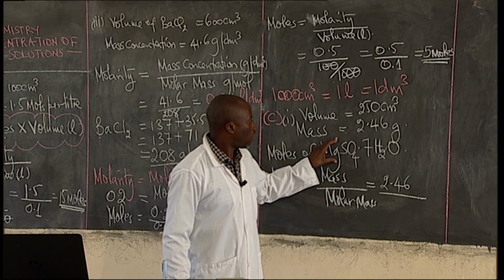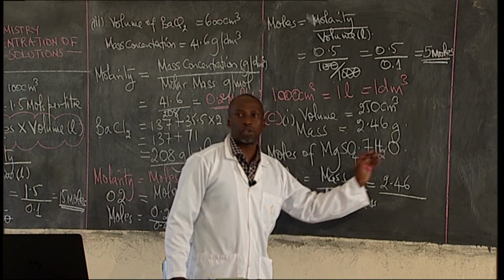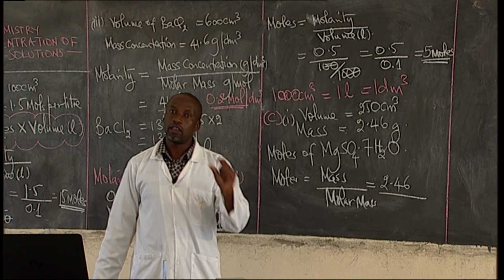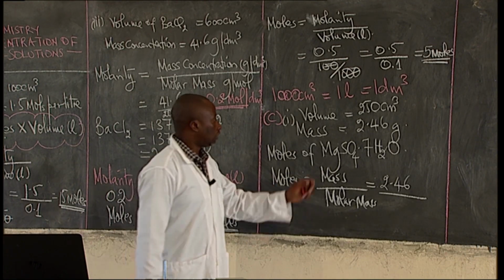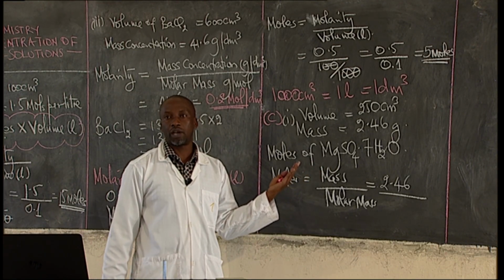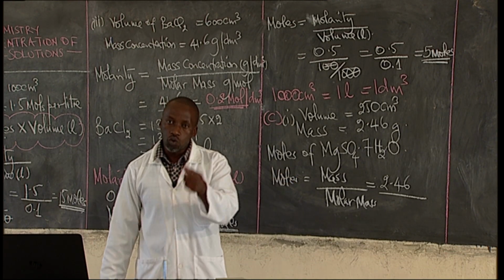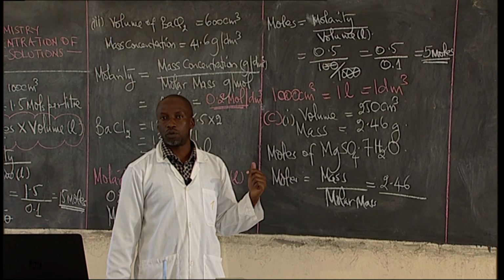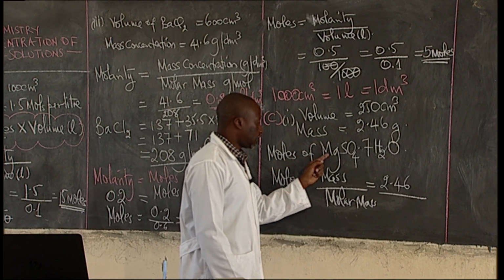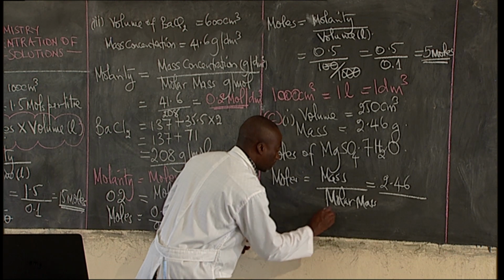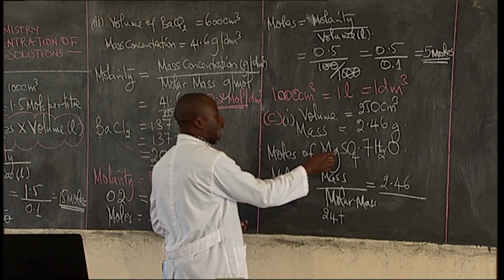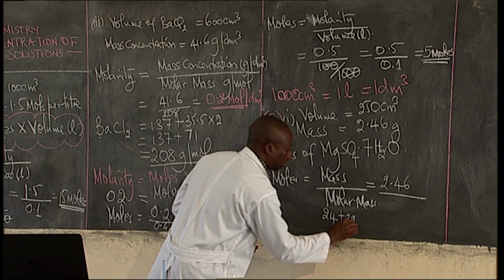How do we get the molar mass? We'll add the atomic masses. That is why your periodic table is very important. You don't need to memorize the atomic masses of these compounds. You get them from your periodic table. Magnesium, when you check on your periodic table, is 24. We'll add sulfur, which is 32.